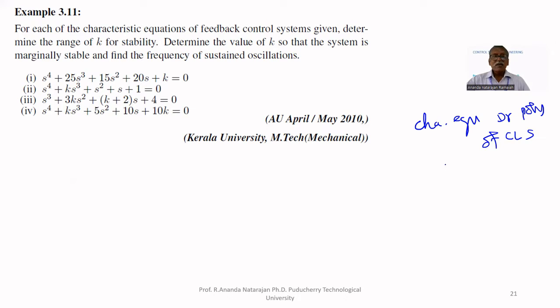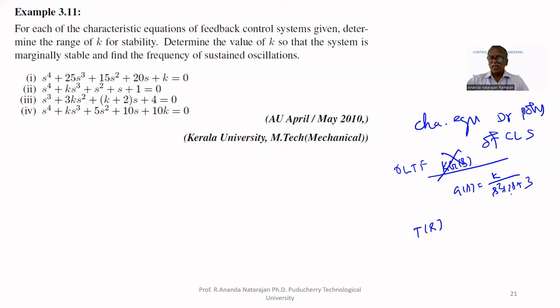Here, suppose I am having kG(s). That is open loop transfer function. Open loop transfer function is kG(s), or G(s) equal to k upon s square plus 2s plus 3. Let us assume what is closed loop transfer function.